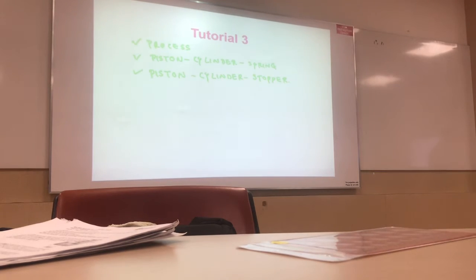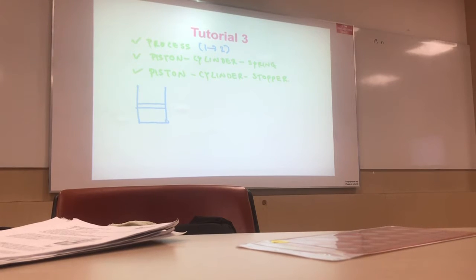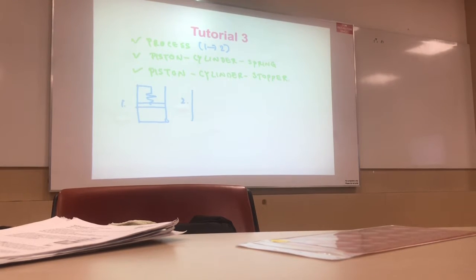If you look at the process, for example, this process is 1 to 2, state 1 to state 2. And piston cylinder spring is something like this. At the top, number 1. Number 2, it might be cooling process, right?